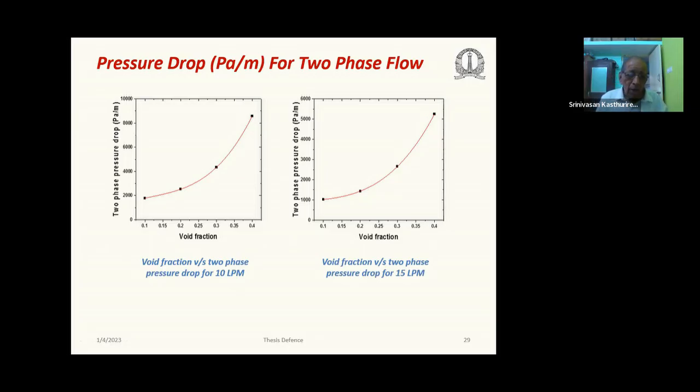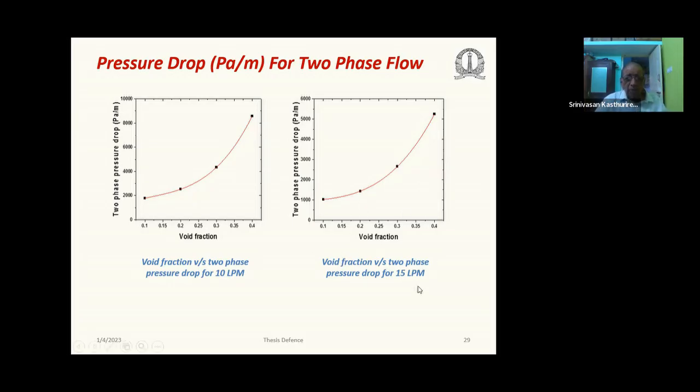That means the void fraction increases the vapor content of the system, so the pressure drop will be higher. For example, starting from about 0.1 void fraction up to about 0.4, you find the two-phase flow pressure drop is rising almost exponentially. Again, the two-phase flow pressure drop is increasing.